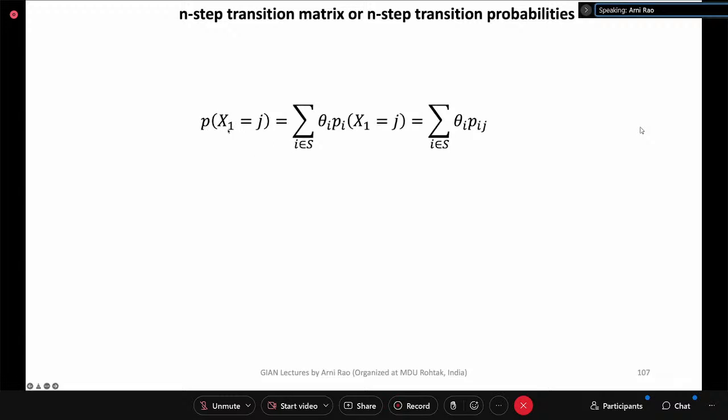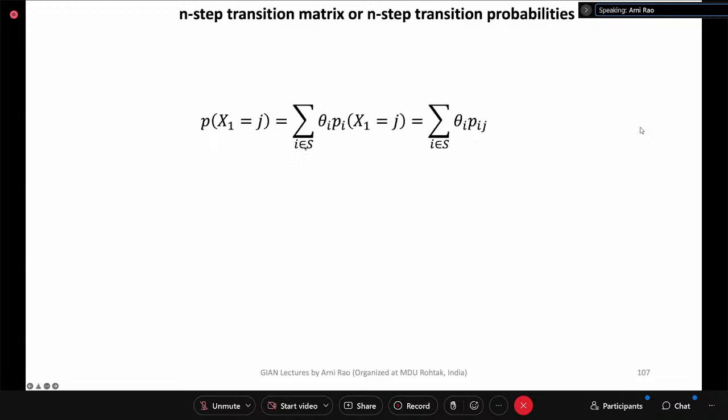So the probability, now see there is no suffix, x1 equal to j. Then notation again, we just follow the notation. Probability x1 equal to j means it could start from any other state. There is no suffix here, you see. No suffix here means one can start from any state and then reach j.